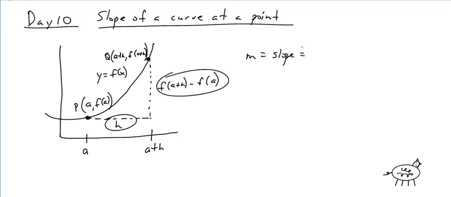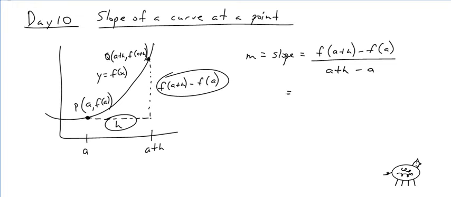So I have f of A plus H minus f of A, just the way it is, over A plus H minus A. Of course the bottom can be simplified: we get f of A plus H minus f of A all over, the A's cancel, we just have H.